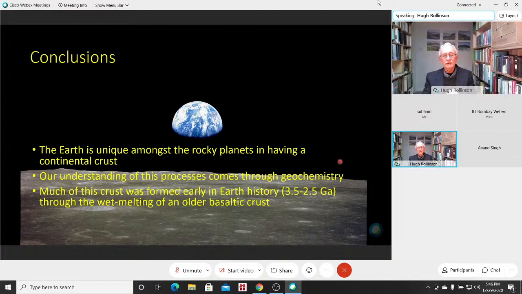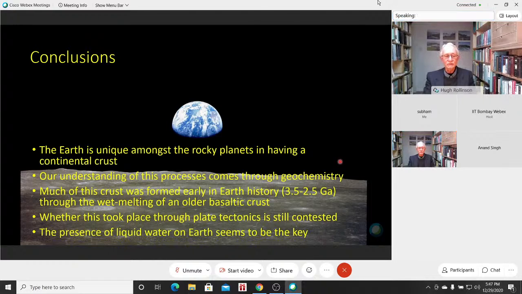Much of this crust was formed very early on in Earth history, in the first 3.5 to 2.5 billion years, through the wet melting of older basaltic crust. But whether or not this took place through plate tectonics is still a contested argument. The presence of water on the Earth, though, seems to be the key.